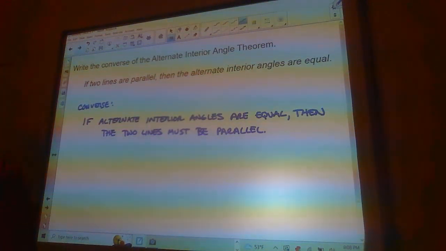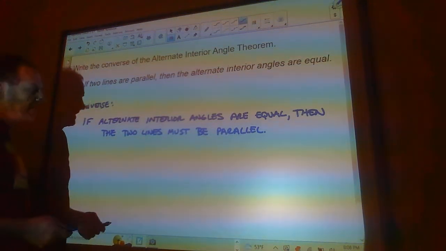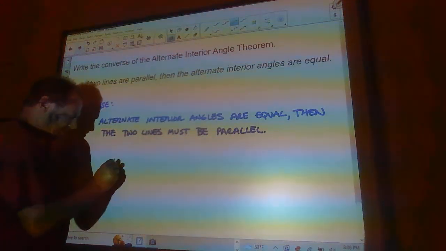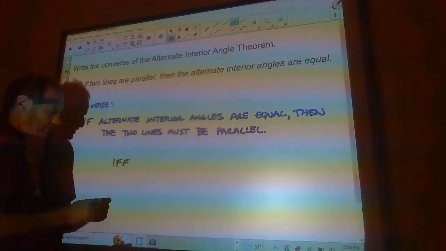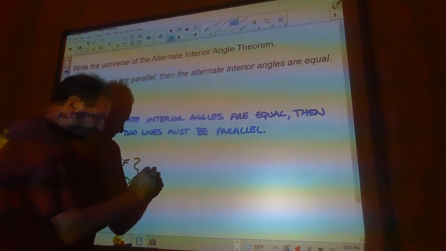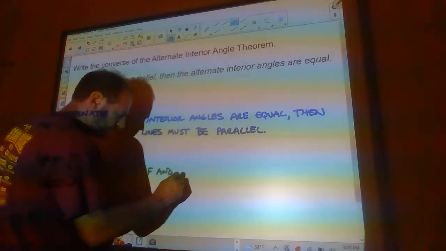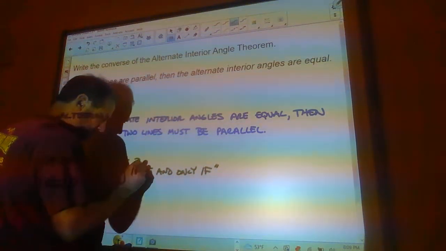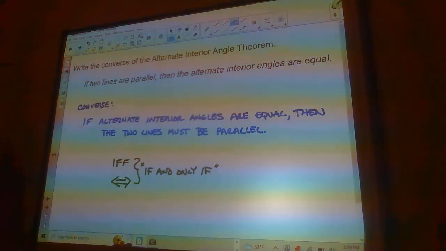Okay, mathematicians are inherently lazy, so a lot of times you'll see notation, you'll see this, or you'll see this. Both of these mean if and only if. Okay?